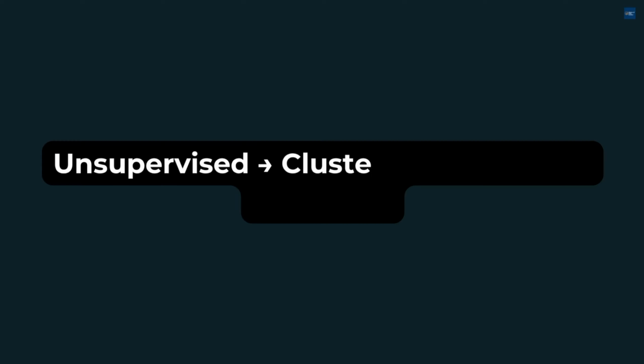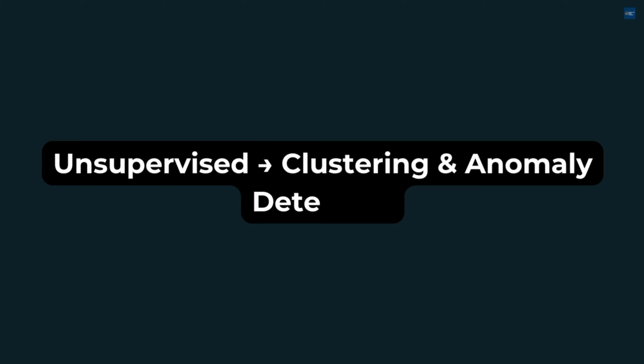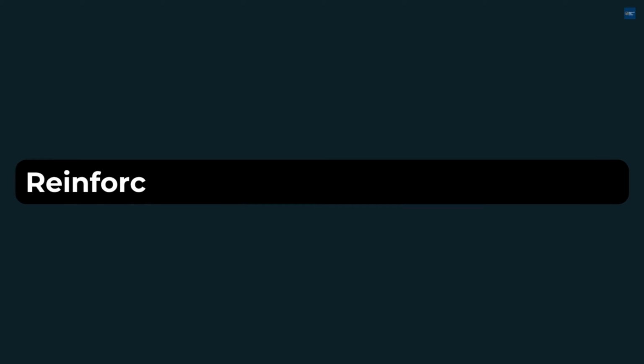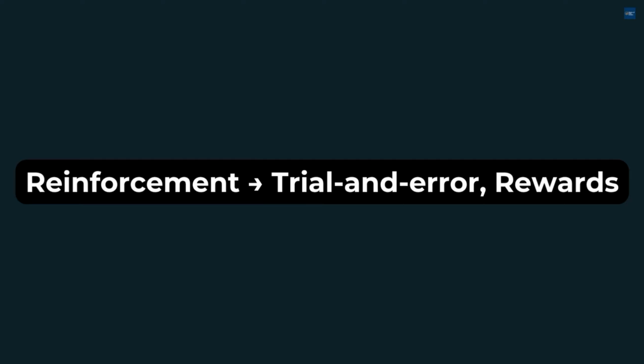Number 2, unsupervised learning finds hidden patterns in unlabeled data, used for clustering and anomaly detection. Number 3, reinforcement learning learns from feedback and rewards, common in gaming, robotics and simulations.